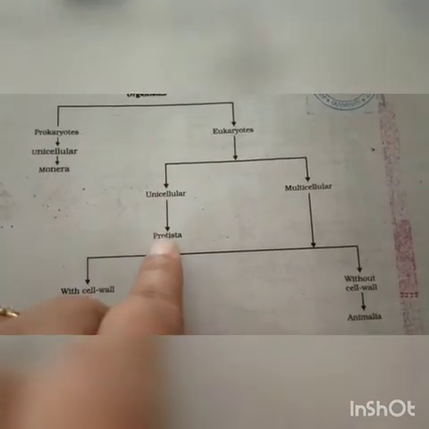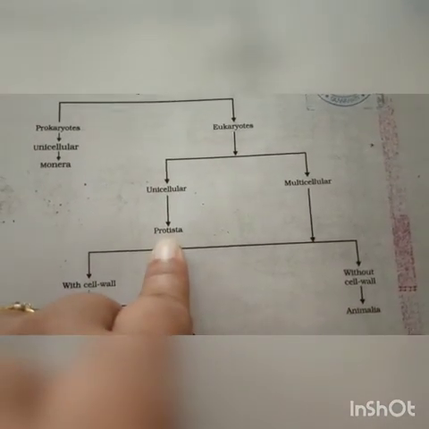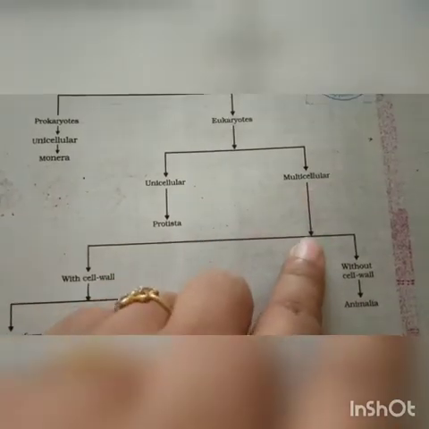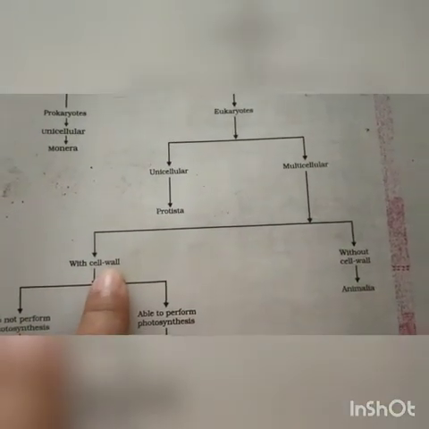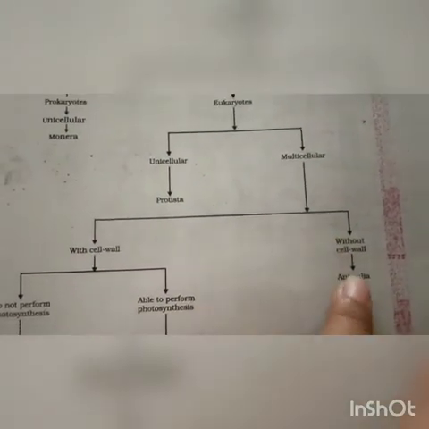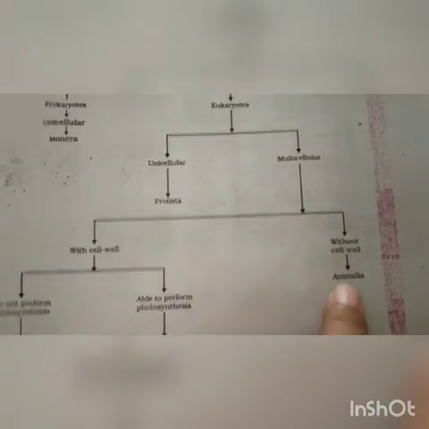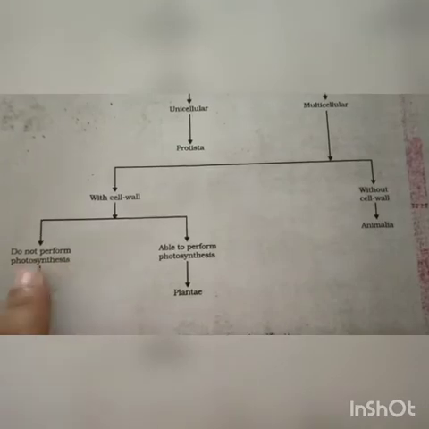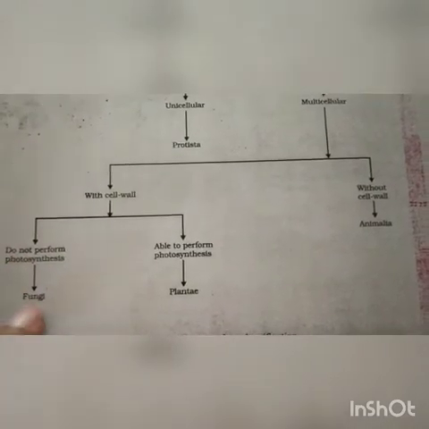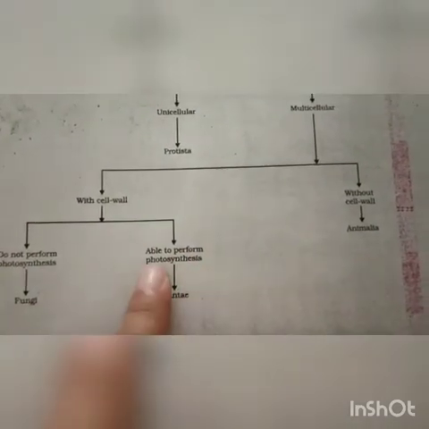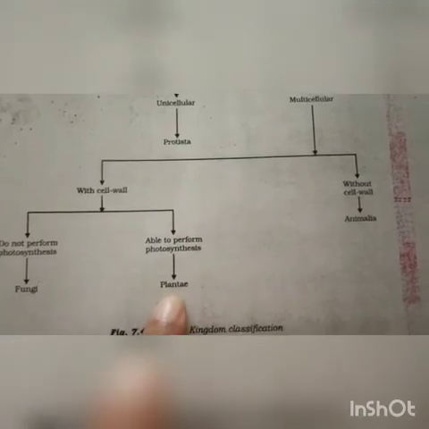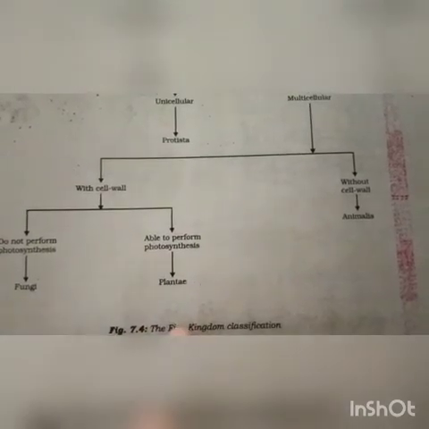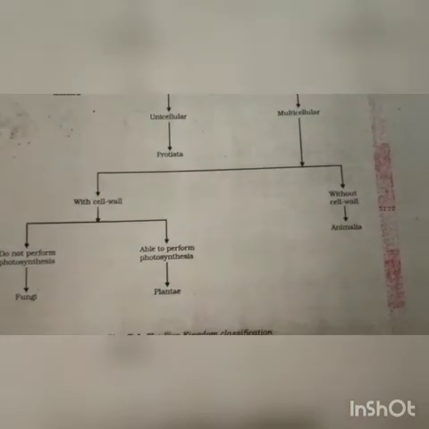In the unicellular, Protista. Multicellular, with cell wall or without cell wall. Without cell wall, Animalia, and with cell wall, do not perform photosynthesis, that is the fungi. Able to perform photosynthesis, that is the plantae. So this is the five kingdom classification.